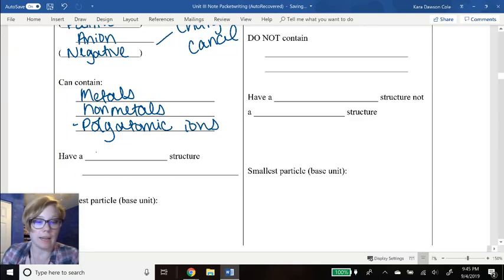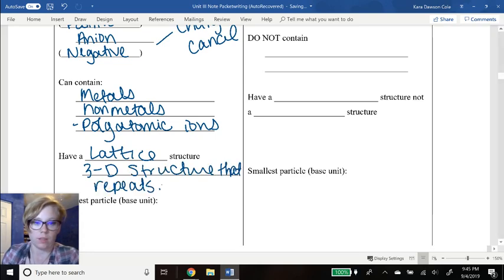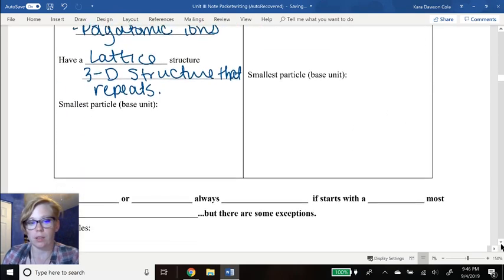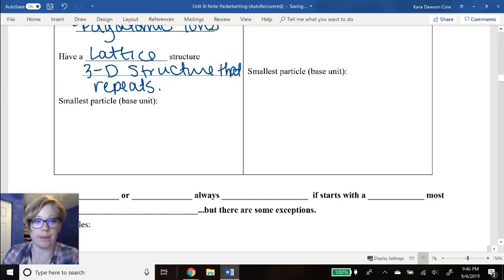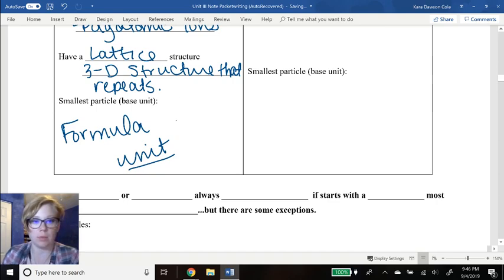These have what is known as a lattice structure, which is a 3D structure that repeats. The smallest particle, or the base unit, is known as the formula unit.